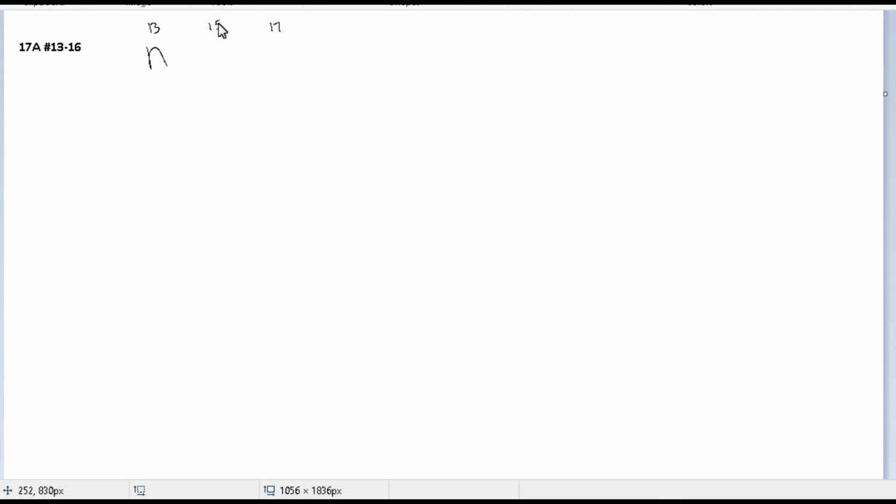So between 13 and 15 is 2 numbers. So we're still using n plus 2, and then the next one is another 2 numbers, so it's n plus 4. Even though they're odd, we still use n plus 2 and n plus 4 to represent them. So this is our first, our second, and our third.